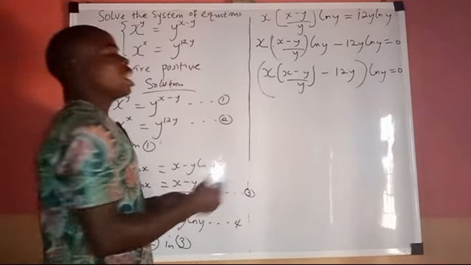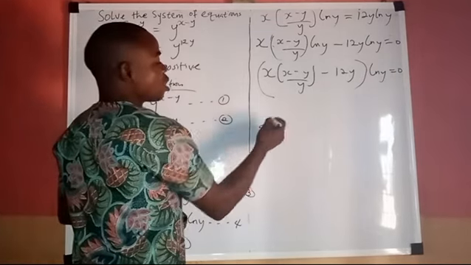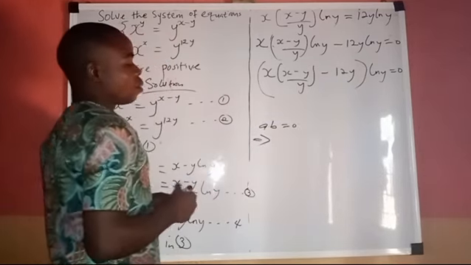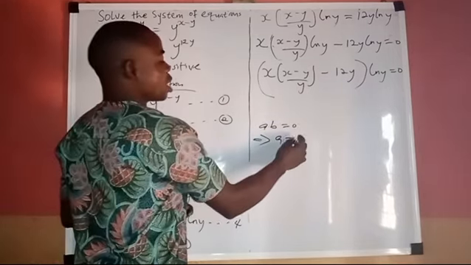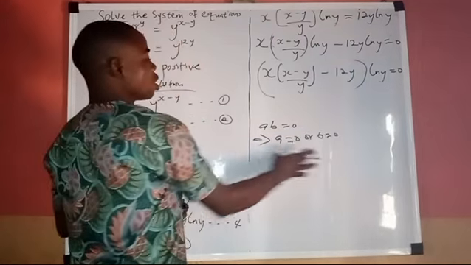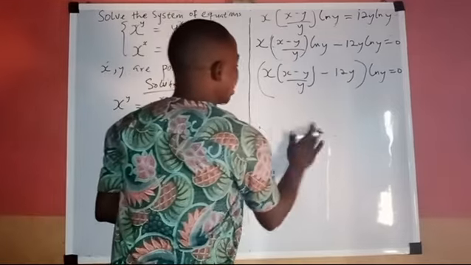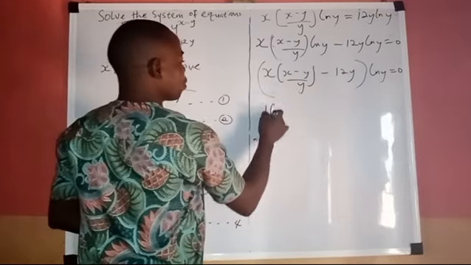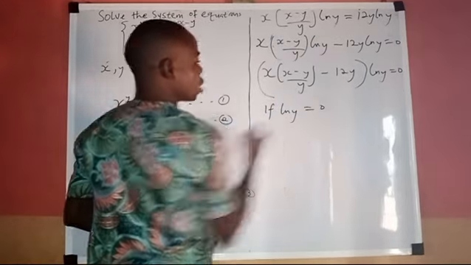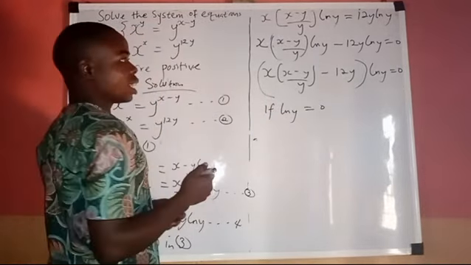You understand the rule that says if a times b is equal to 0, this can only work if either a is equal to 0 or b is equal to 0. So we are going to use this rule. Taking the first one, if ln y is equal to 0, what do we say about ln x?